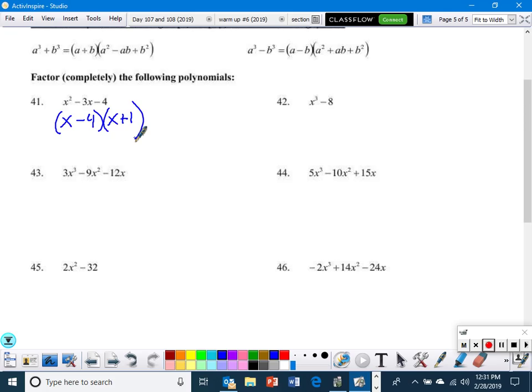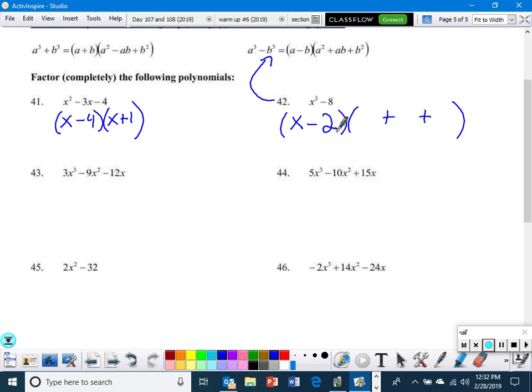Okay, number 42 is a special case. It is the difference of 2 cubes. So in this scenario, let's see, the cubic root of x cubed is x, so I'm going to put an x right here. The cubic root of 8 is 2, so that is a 2.